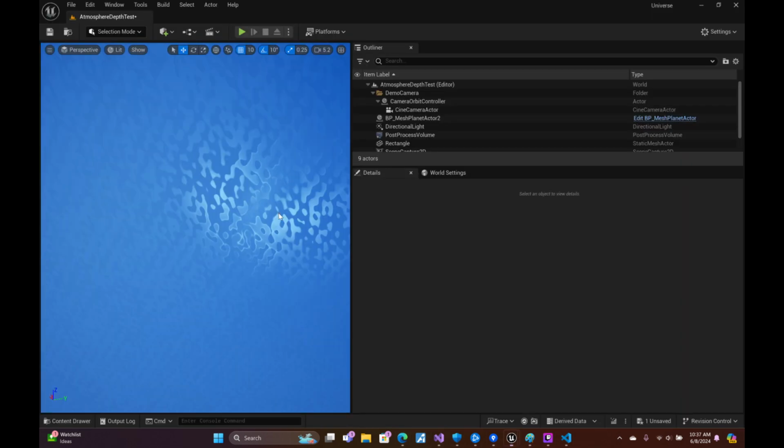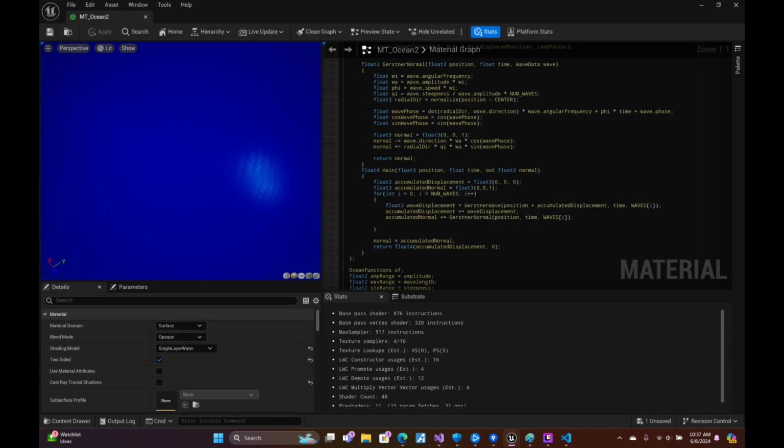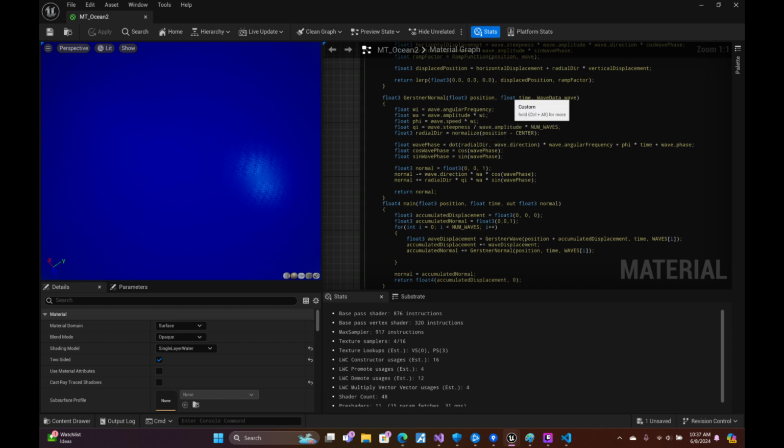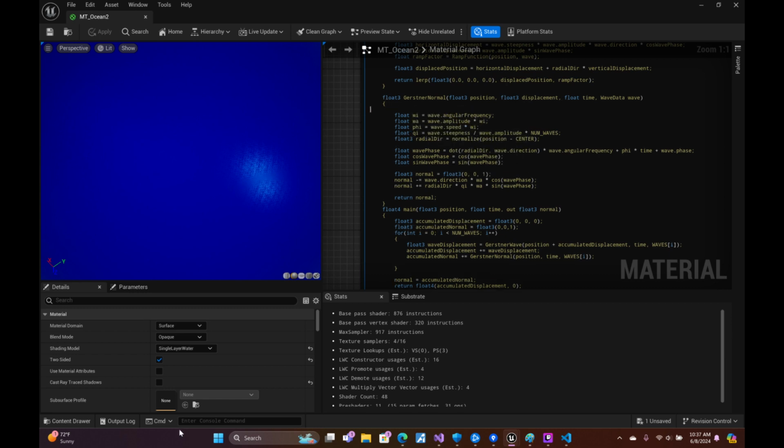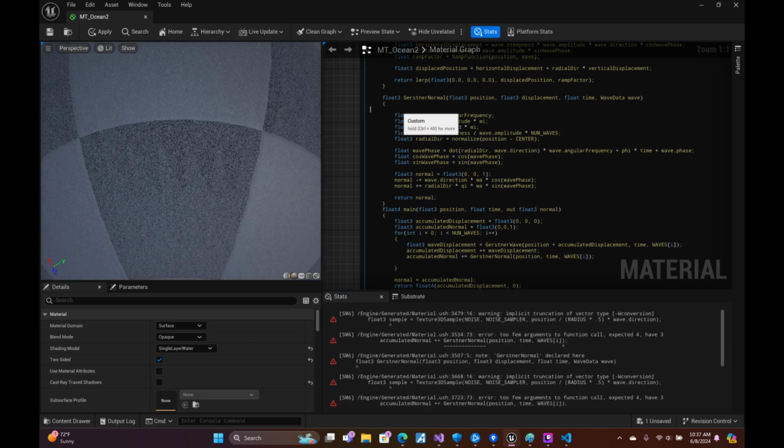While it's doing that, let's take a look at it. Vec3 position plus displacement.